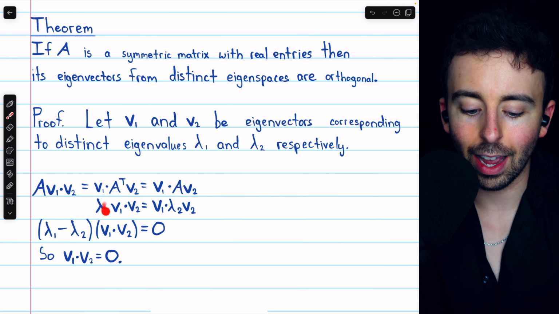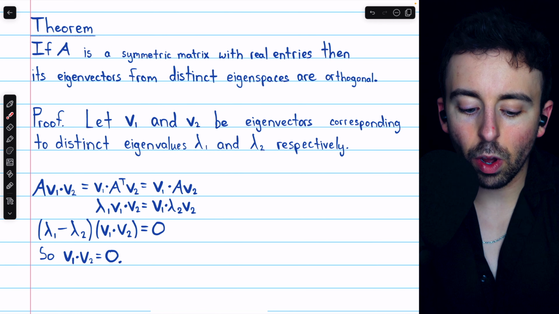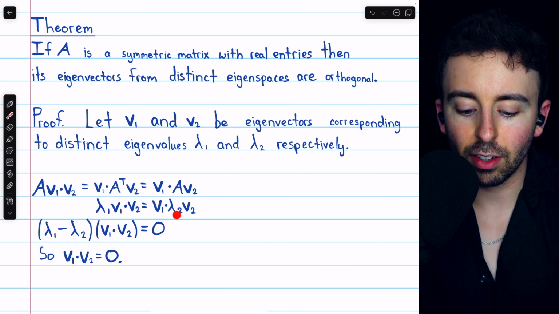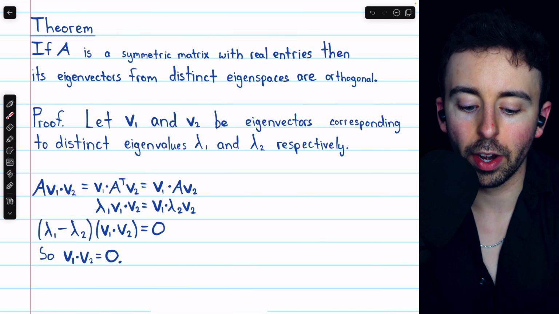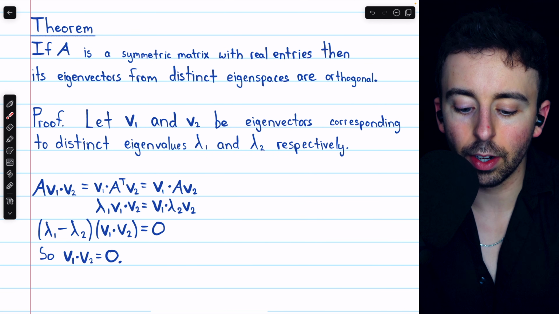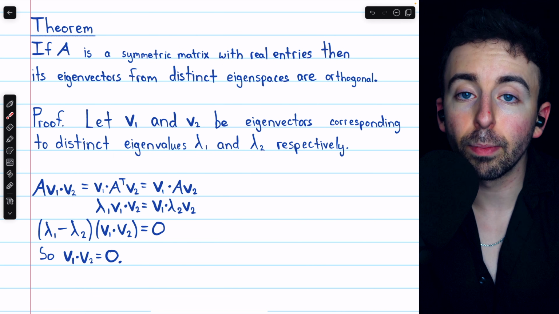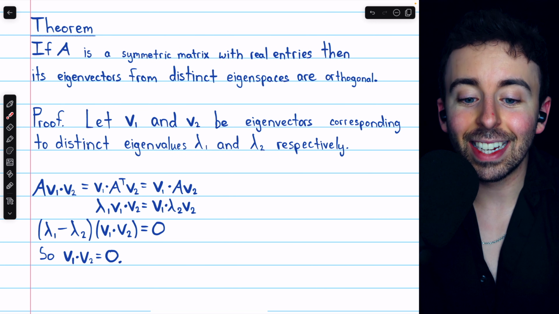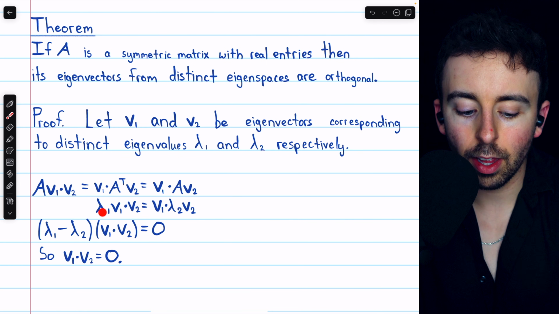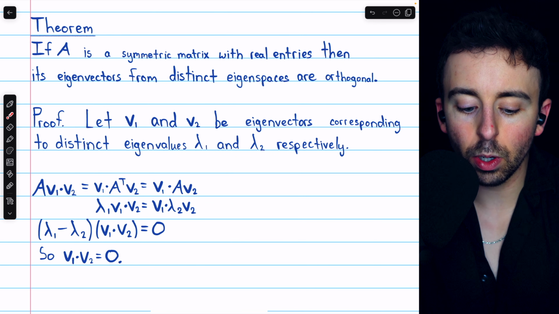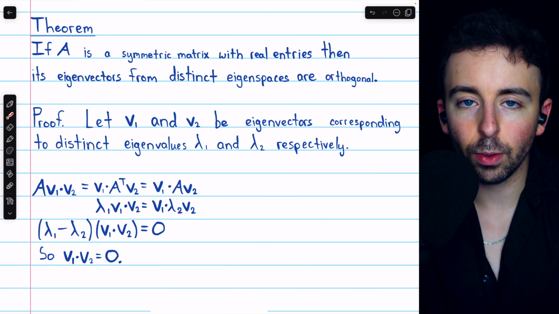So this left side is equal to this right side. But then we have lambda 1 times v1 dot v2, and we have lambda 2, we could pull that scalar out if we wanted to, lambda 2 times v1 dot v2. So we can subtract the right side from both sides of this equation, and together we have lambda 1 minus lambda 2 times v1 dot v2.